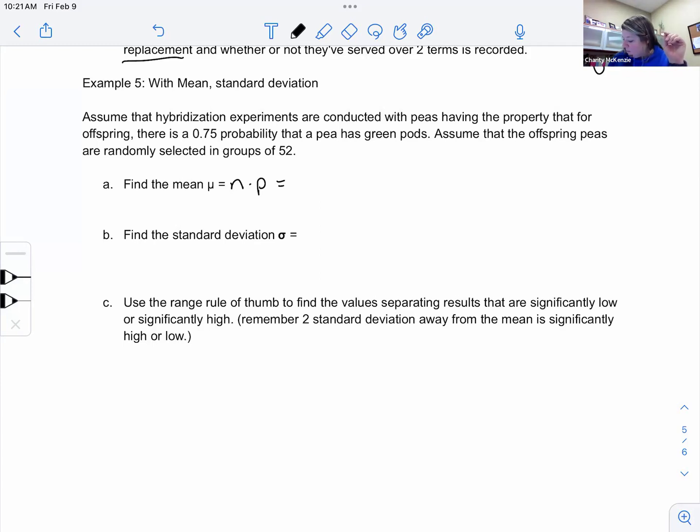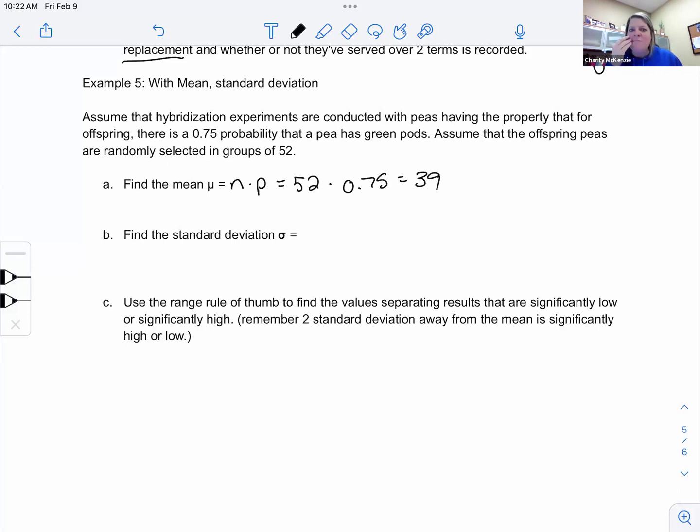So for this one, our n is going to be 52. What's going to be our p? It's going to be the 0.75. So we're going to times those together. 52 times 0.75, and I got 39. So the mean is 39.